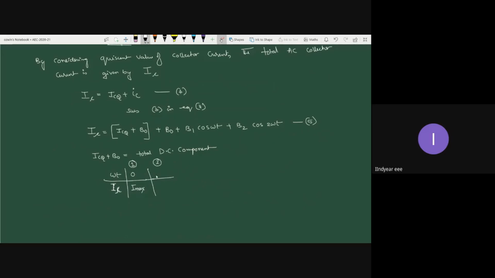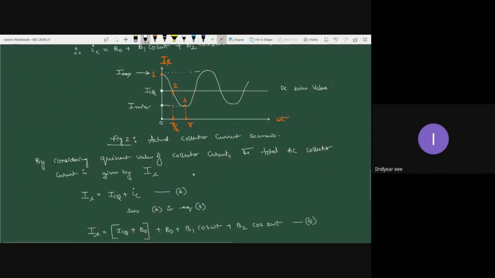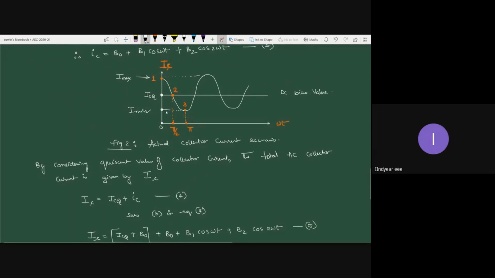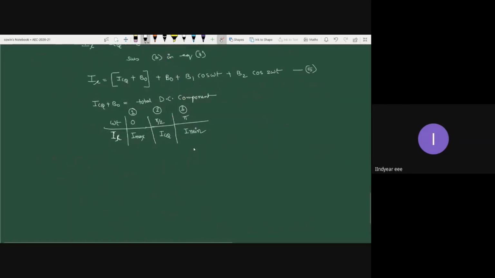And at point 2, omega t is pi by 2, and at pi by 2, IC is equal to ICQ. And at point 3, it is pi, and at point 3, the IC value is I minimum. Correct.